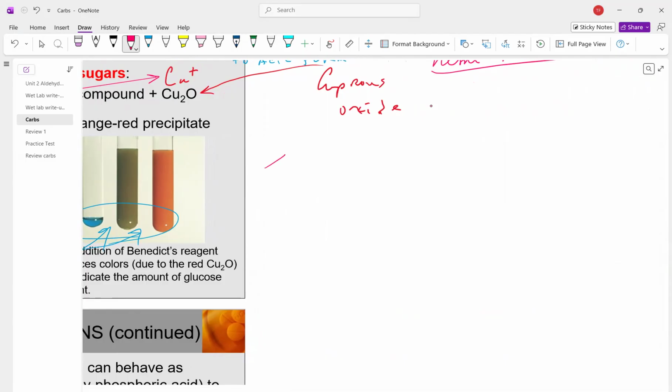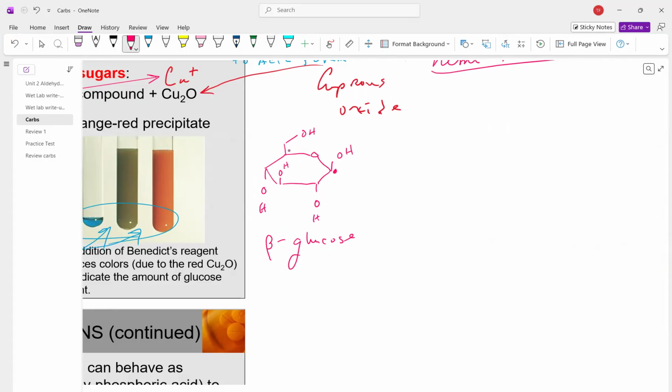Okay, you're going to start off with beta glucose, but it could be galactose or whatever.